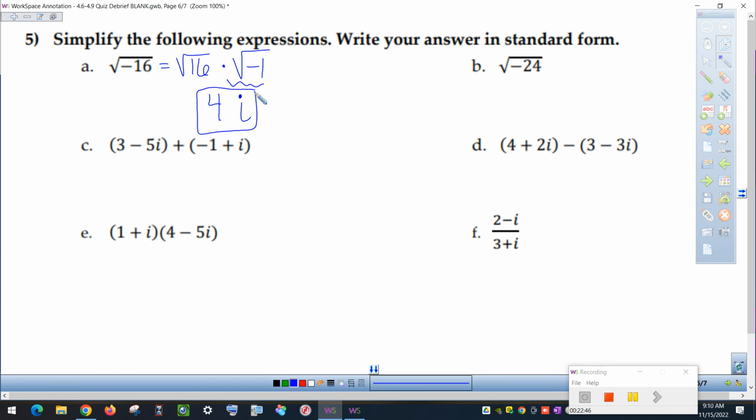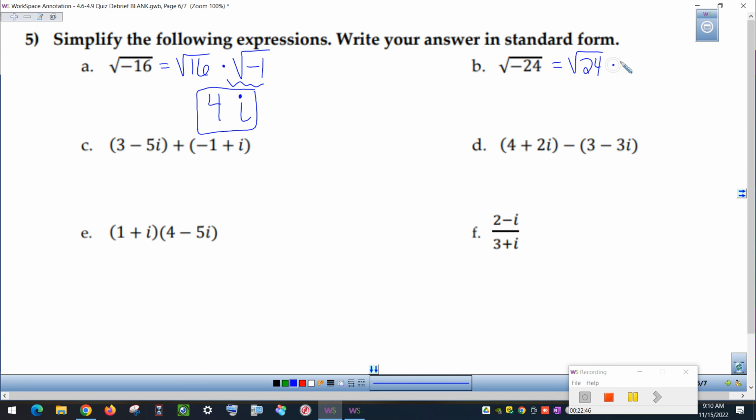All right, all we're doing here for part B, so this one is going to start off really similar. So let's rewrite that as the square root of positive 24 multiplied by the square root of negative 1. The square root of negative 1, again, we can rewrite that as i. And then we want to check to see, so I can't perfectly do the square root of 24, it's not a square number, but we want to see if we could simplify or reduce it.